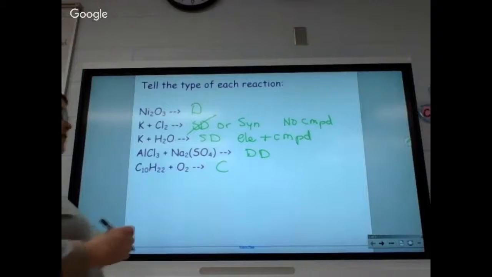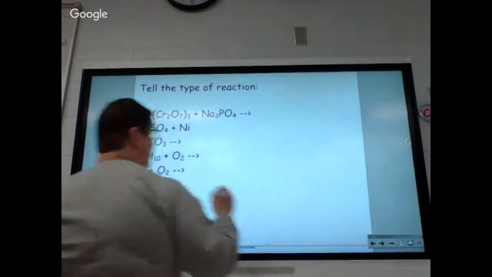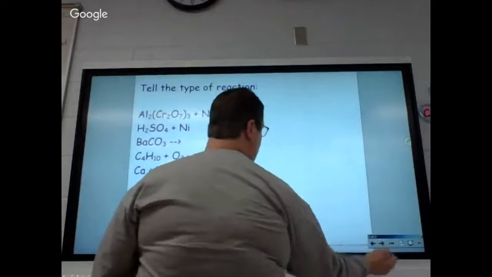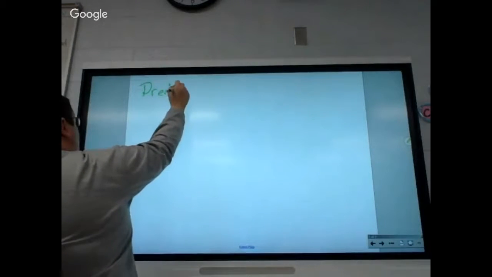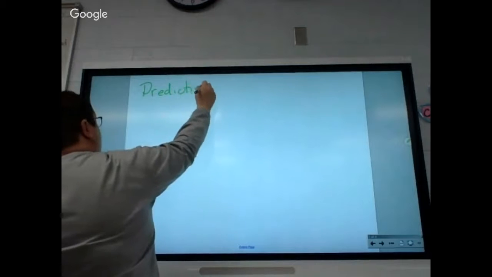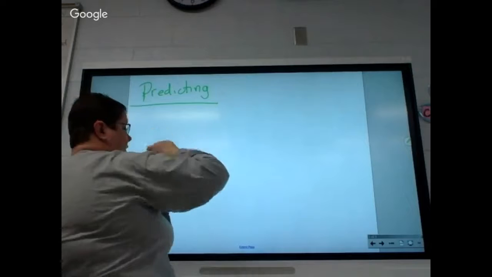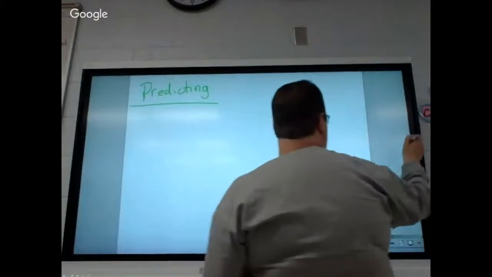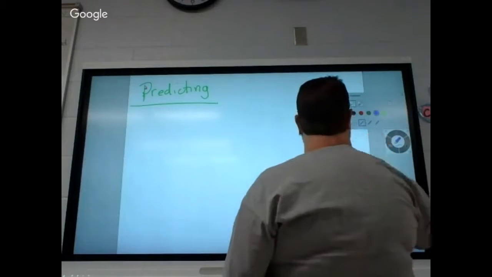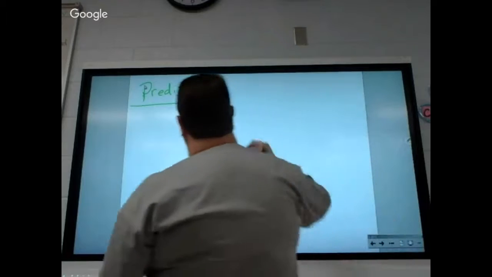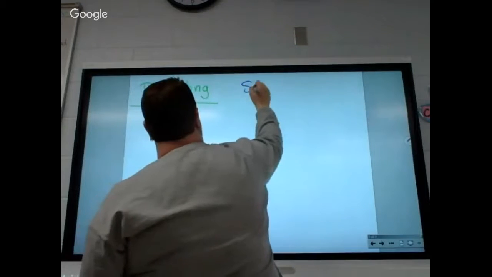All right, now we're going to start simple. And we're going to start with predicting, and we're going to start with single displacement. So for those of you who are into titles in your notes, we're going to do predicting. Now, we're going to start with single displacement.